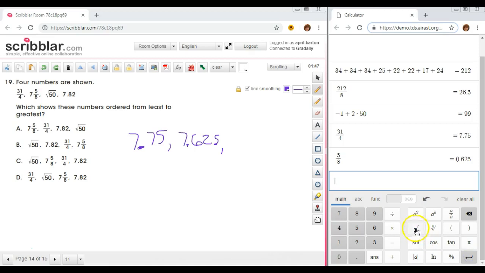You'll see that right here under a squared. Check mark 50 is 7.07. Now it has a lot more decimals. We only really need the 2. If you wanted to do 3, you could as well. You could say 7.01. And the last one, 7.82.